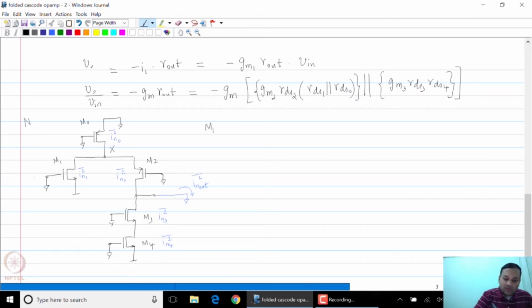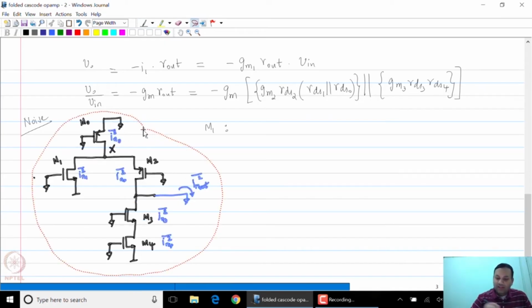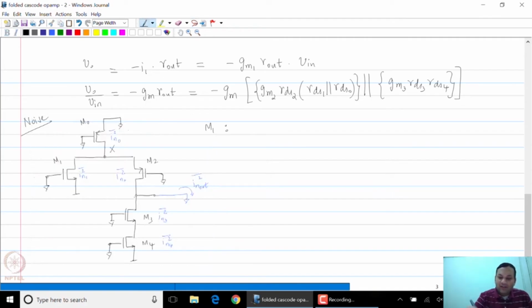So this is noise analysis. So if you look at noise of M1, we will assume that the other noise sources do not exist, and this noise of M1 flows between the drain and source of M1.